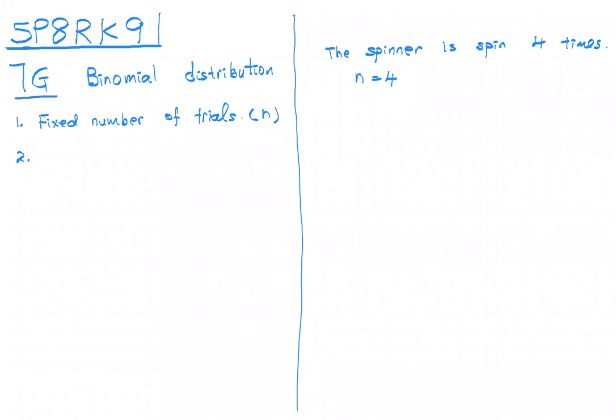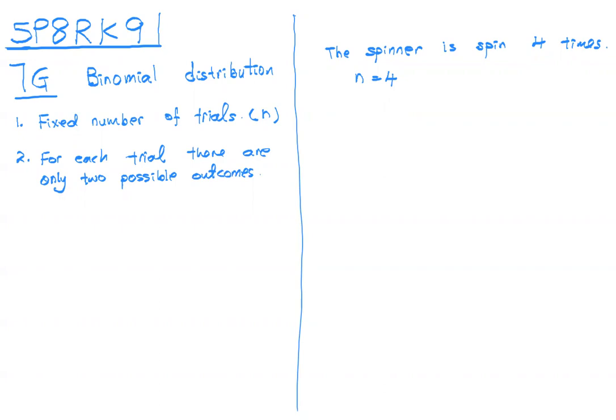So for each trial, the second criteria is that for each trial, there are only 2 possible outcomes. Like Bernoulli, am I right? Because it's repeated.